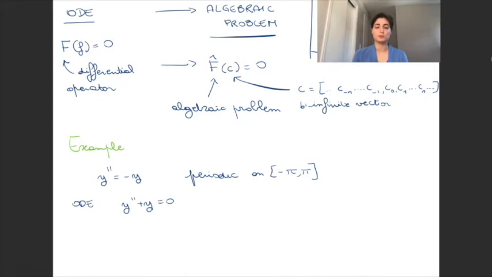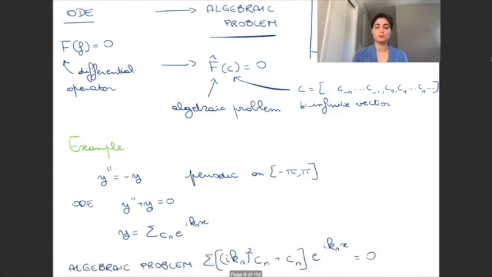So as an example, let's look at y second derivative equals minus y. We know it's periodic on minus pi to pi. So we transform this ODE into a zero-finding ODE, a homogeneous ODE, so y second plus y equals 0. And we transform y through the Fourier series. So the unknown y is replaced by the unknown Cn for every n.